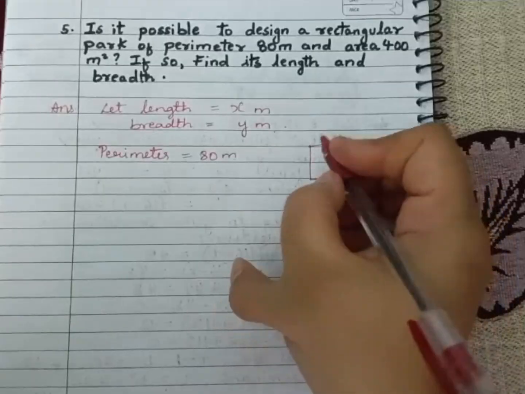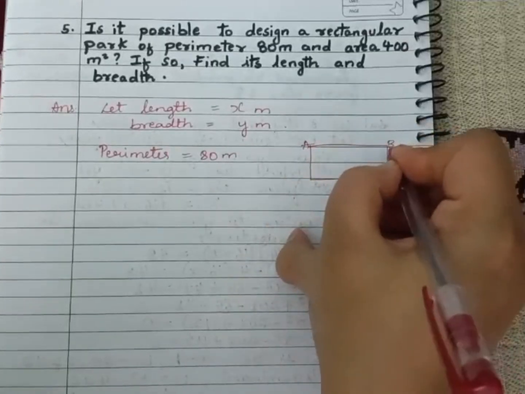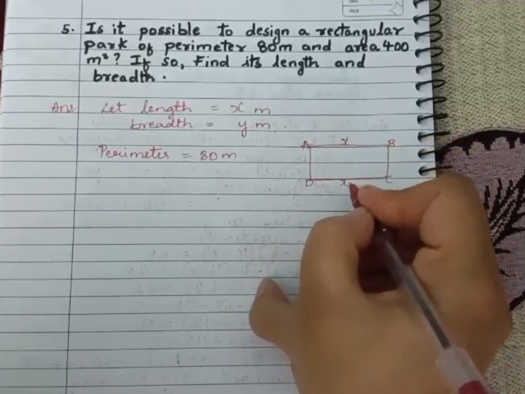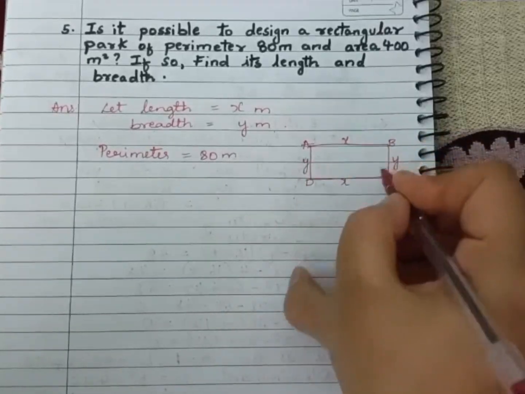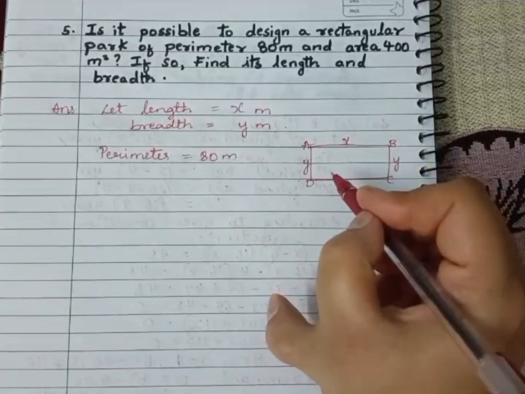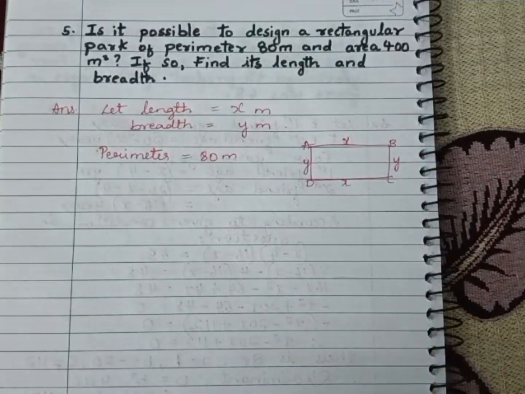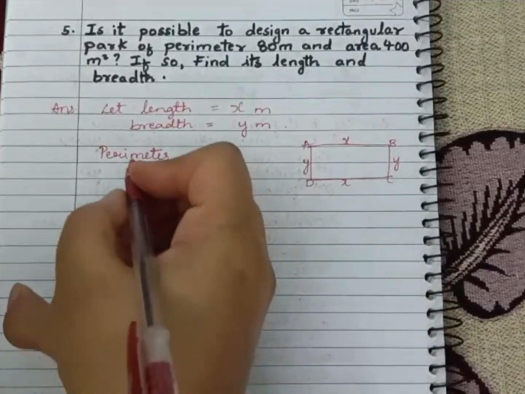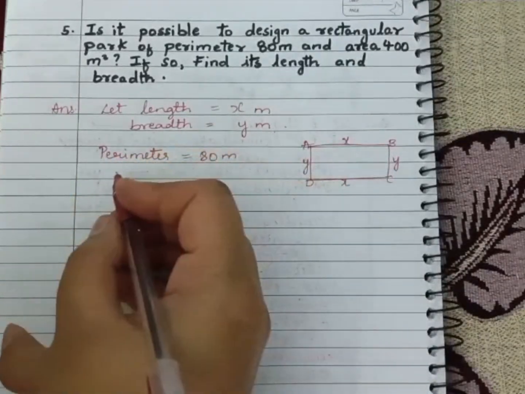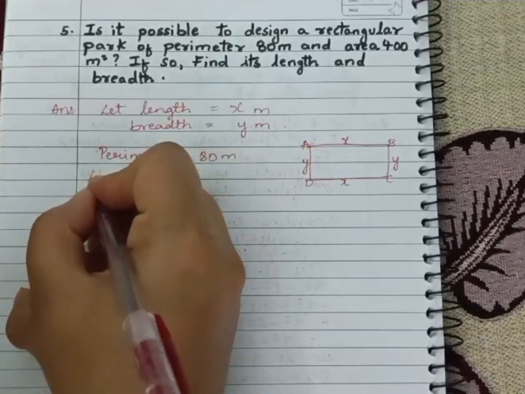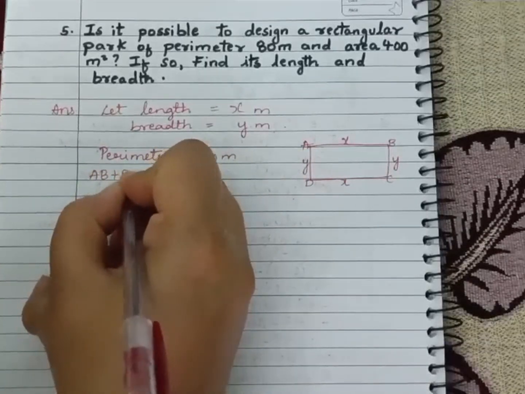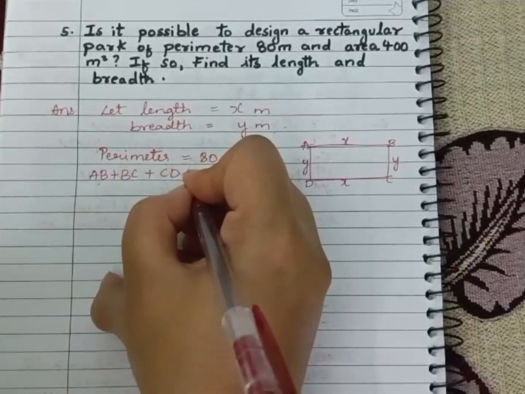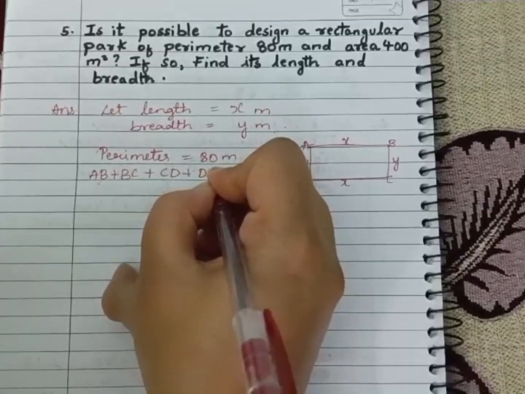This is a rectangle ABCD. The sides are X, Y, X, Y. This is the length and breadth value. So the perimeter formula is AB plus BC plus CD plus DA is equal to 80.